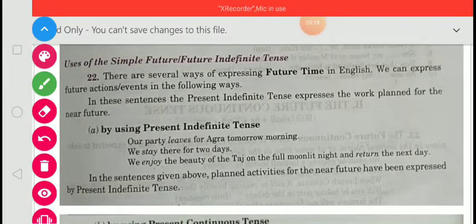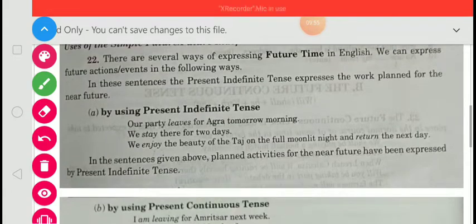So we can also express future action using simple present and present continuous. We will also be discussing such structures of sentences in which we use the structure of simple present tense and present continuous tense in order to refer to future. Okay, so let's continue.